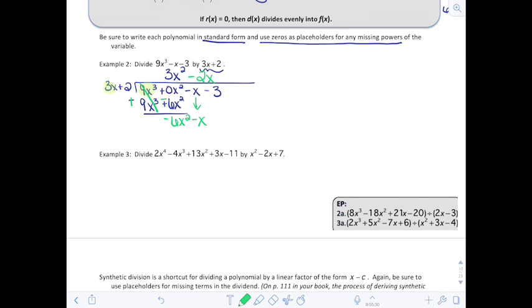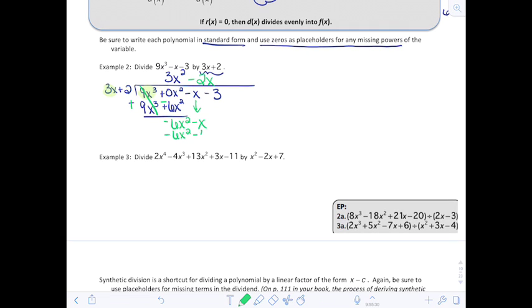And so I multiply around, and I get negative 6x squared. And then I have negative 2x times 2, minus 4x. So as I change my subtraction to addition of the opposite, this cancels, and I'm left with 3x. I'm going to bring down a minus 3.